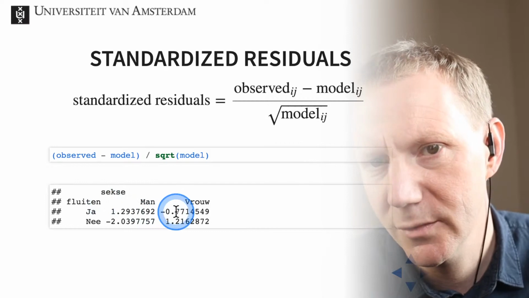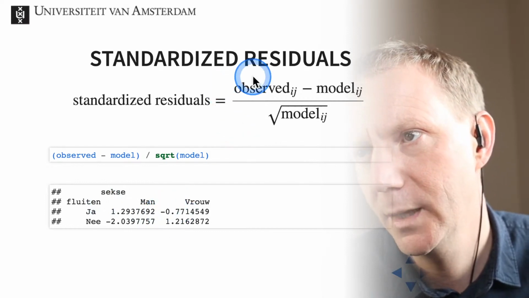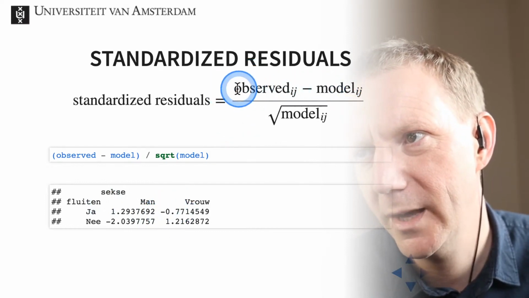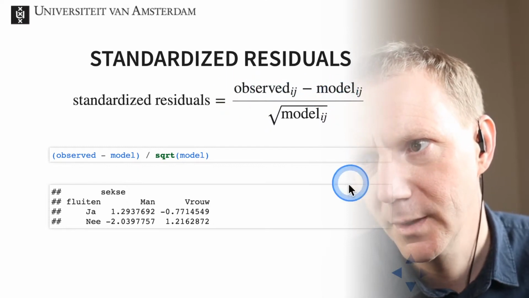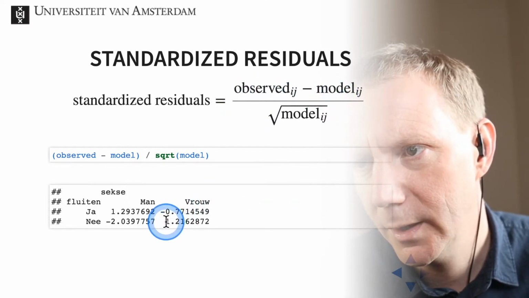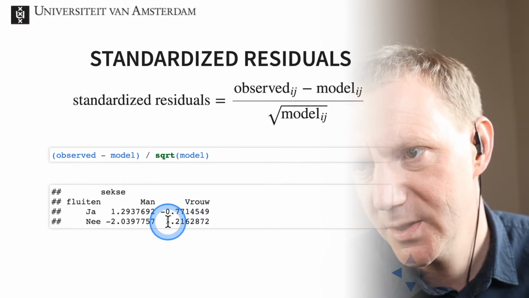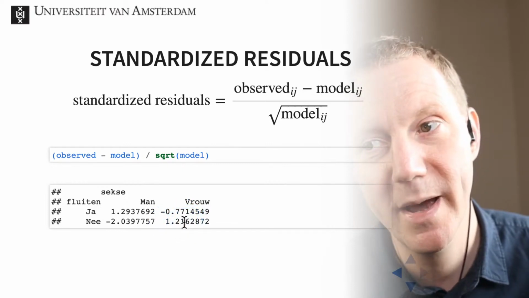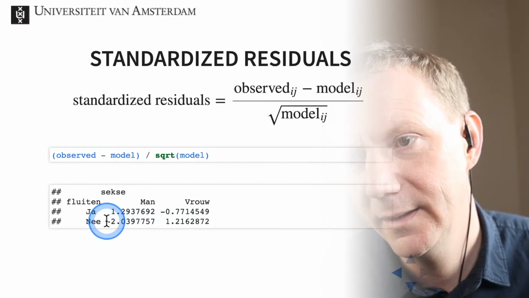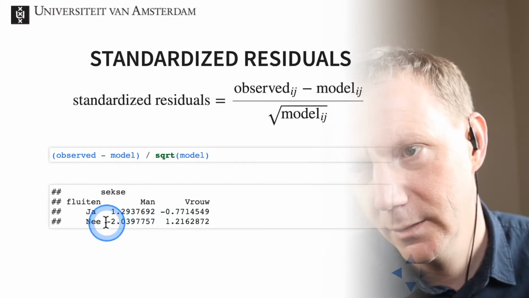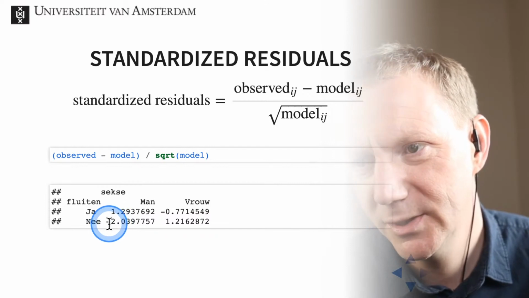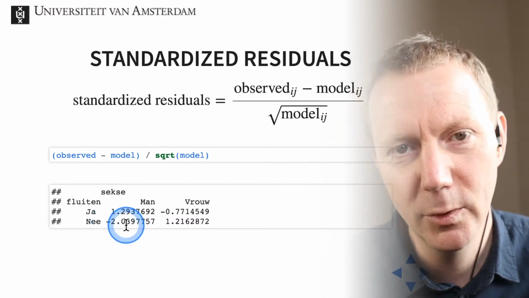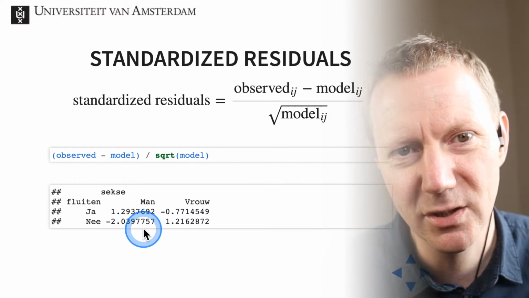So having a score of 0 here means no difference between the observed value and the model. But a value of 1 tells you this one is a bit more than 1 standard deviation from what we would expect. And this one is even slightly more than 2 standard deviations from what we would expect, in the negative direction.